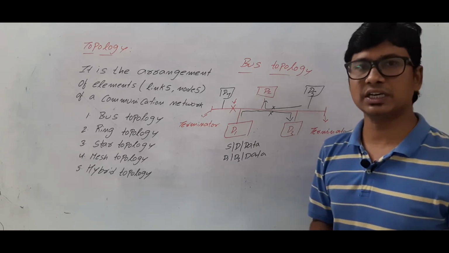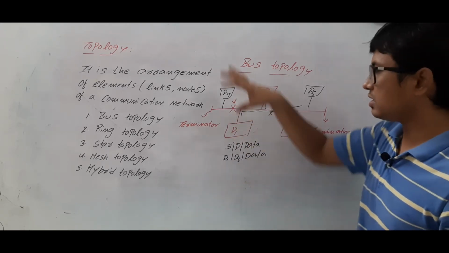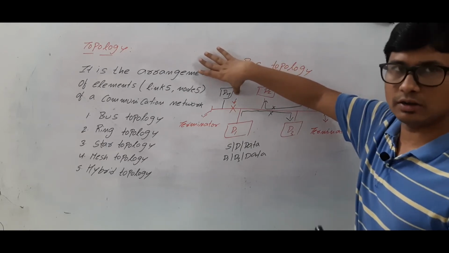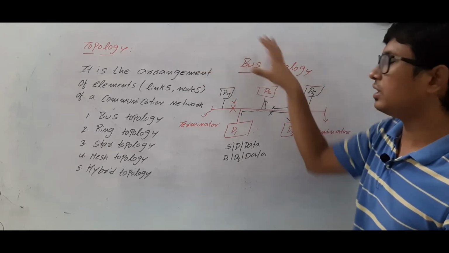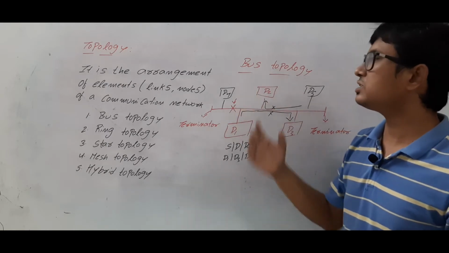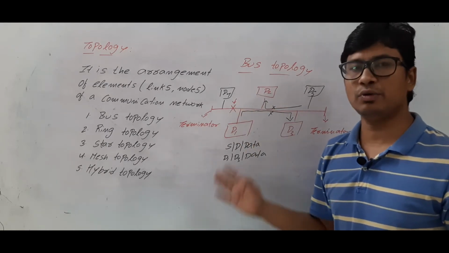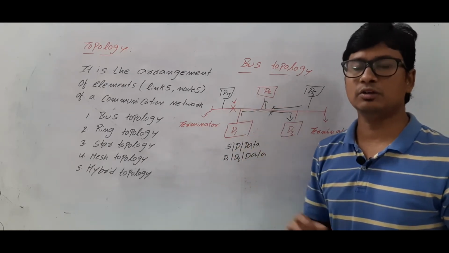Are you able to understand it or not? If the common bus has some breakage or damage, then the network will fail. So that is the drawback of the bus topology. However, it is a cost efficient topology.